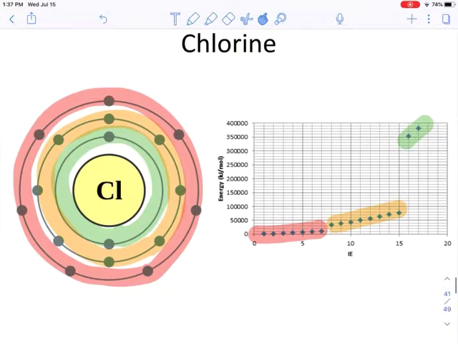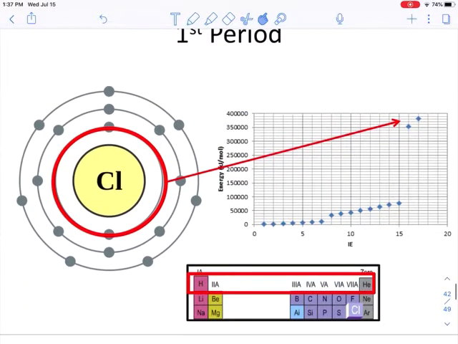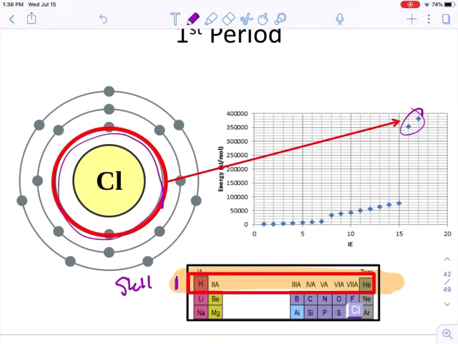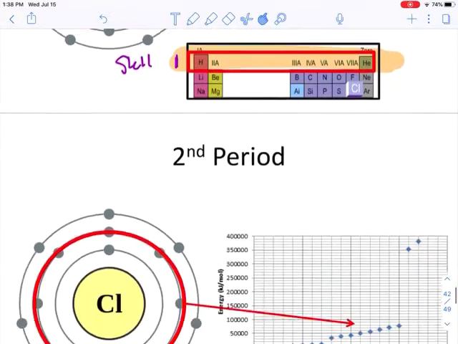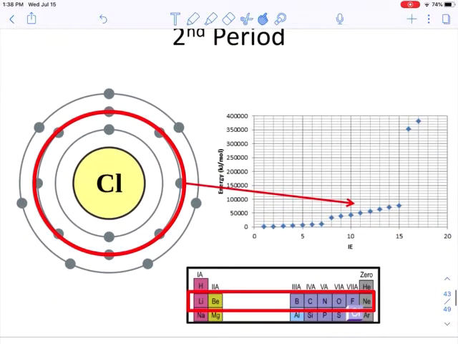Take a look at the arrangement on the periodic table. Check it out. Here are the first 2 electrons of the 17. Those are elements 1 and 2 on the periodic table. You'll notice that they're in the first row, or they are in shell 1. Now your next shell has 8 electrons in it.